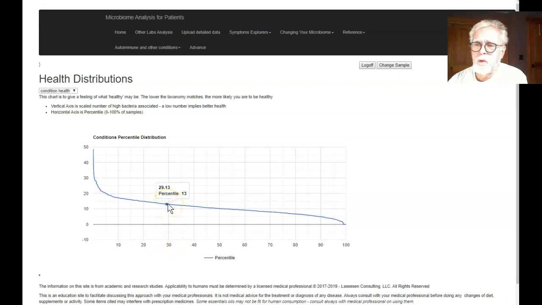And what you notice is that we're just sort of in the middle, not that much difference. One way to look at the condition and the symptom health is as follows.